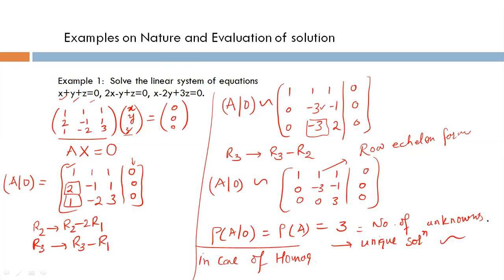And what is the solution? In the case of unique solution, we know that solution is trivial and trivial solution is zero solution. But I am going to find that trivial solution by using back substitution method.